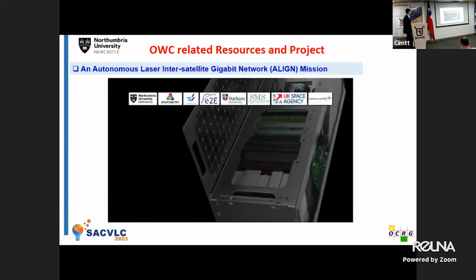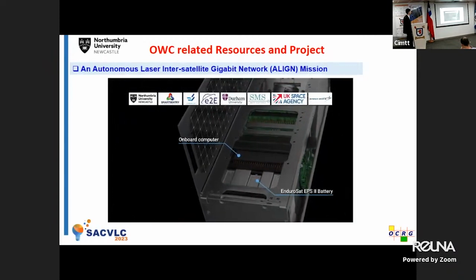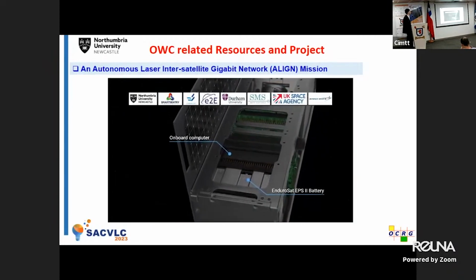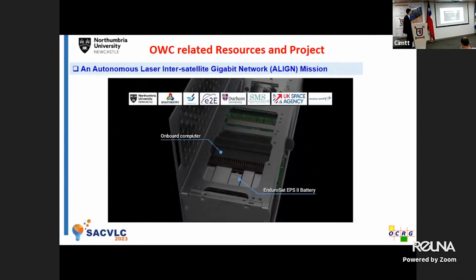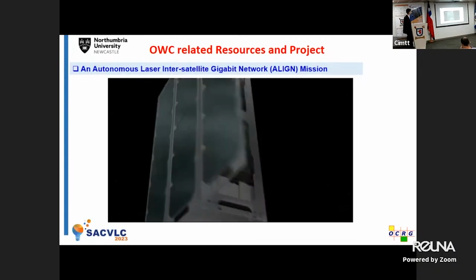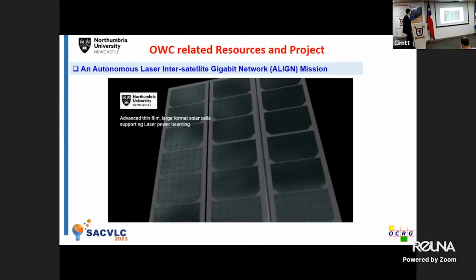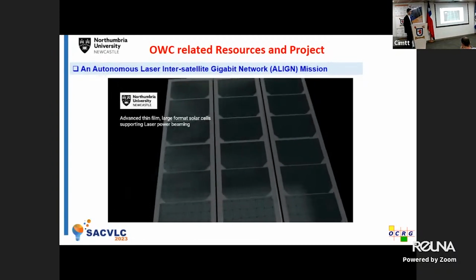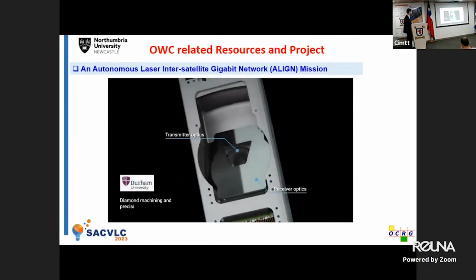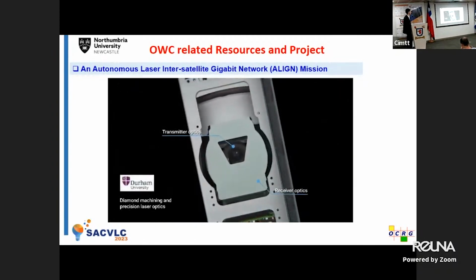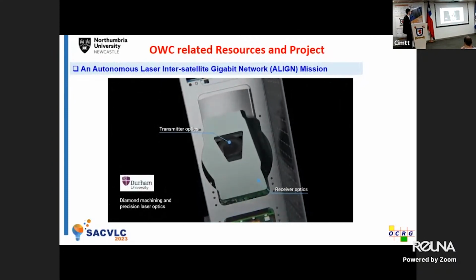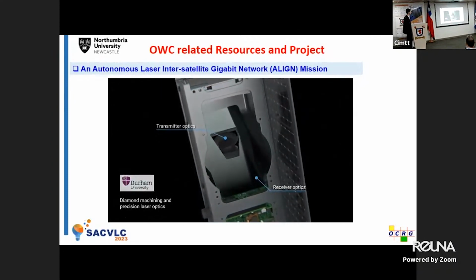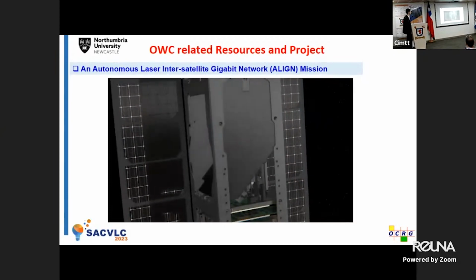So basically, we started the optical communication here from a computer point of view, with a company leading the computational power. In Northumbria, we're trying to establish the optical links, and we have a team for the solar cell. Here, Durham are trying to design the optics that enable the communication.